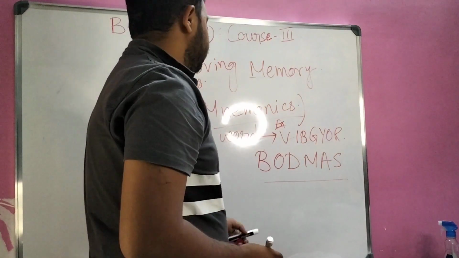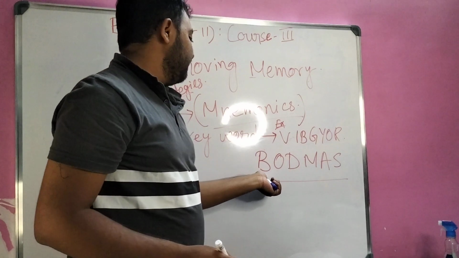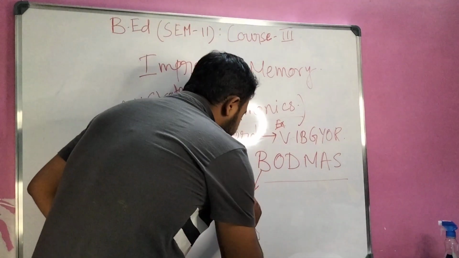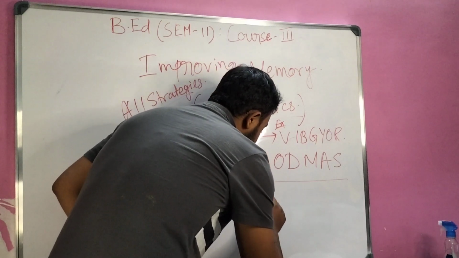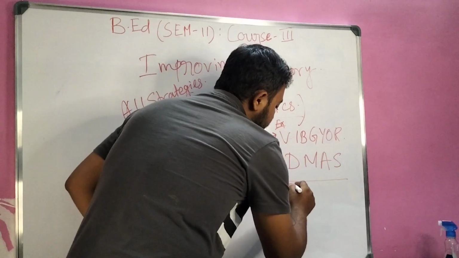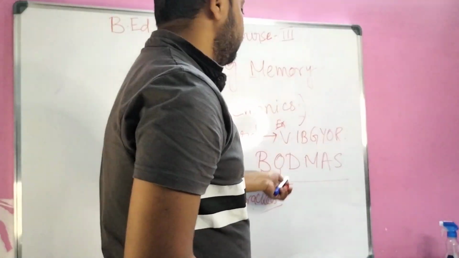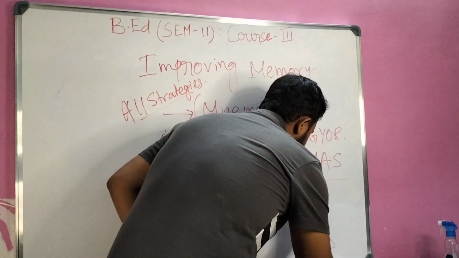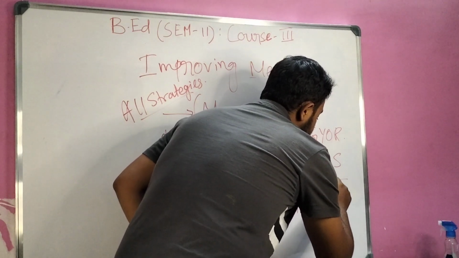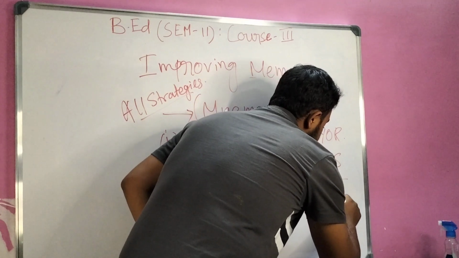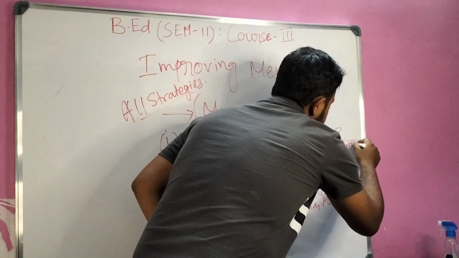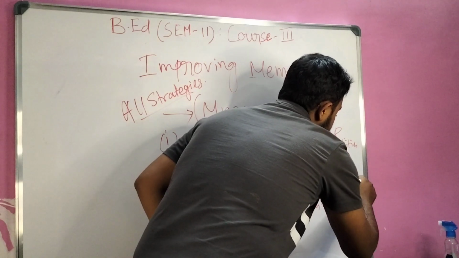BODMAS. What's the meaning of this? B for bracket, O for of, D for division, M for multiplication, A for addition, and S for subtraction.